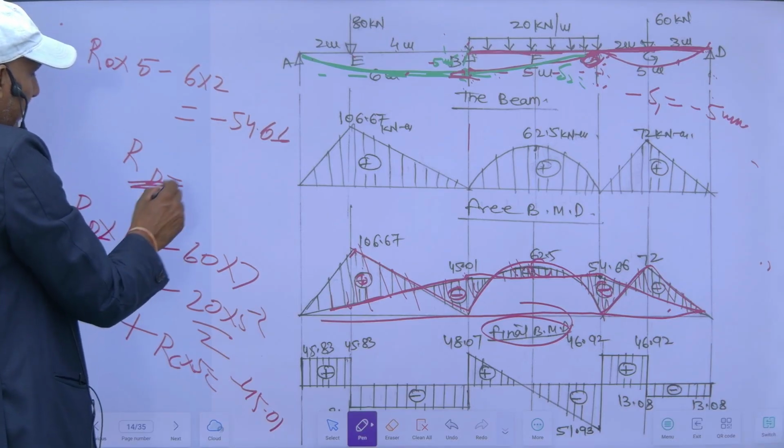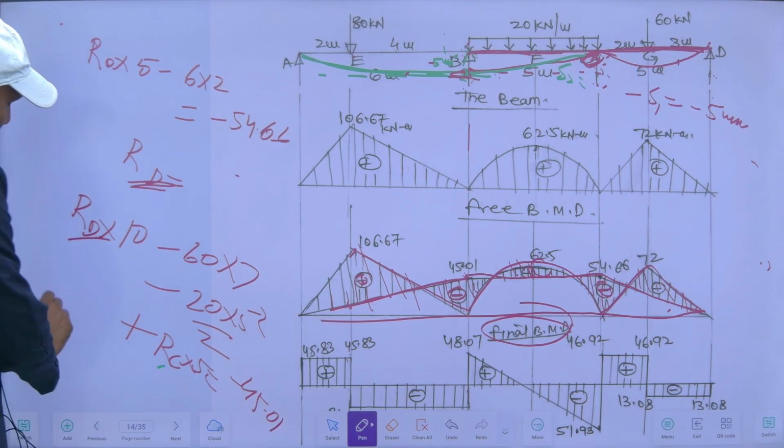By putting the value of RD in this, I can find RC.